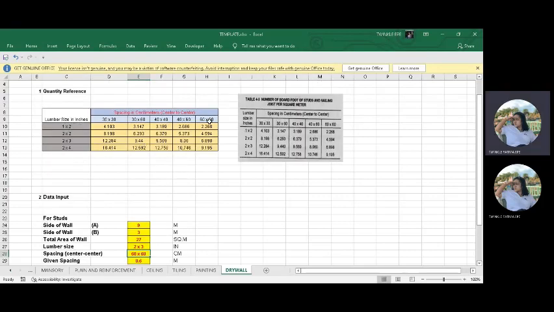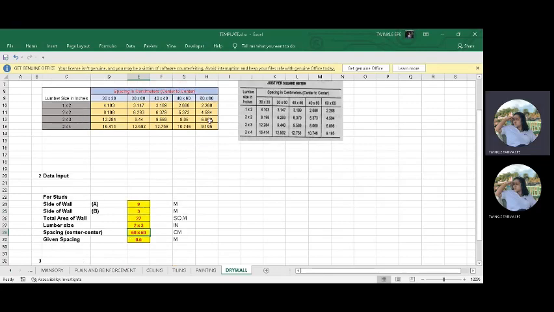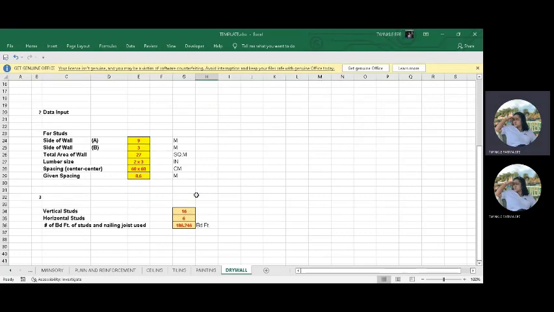So this is the one used in the data input. 16 by 16, 2 by 3. And given spacing is 0.6 in meters.